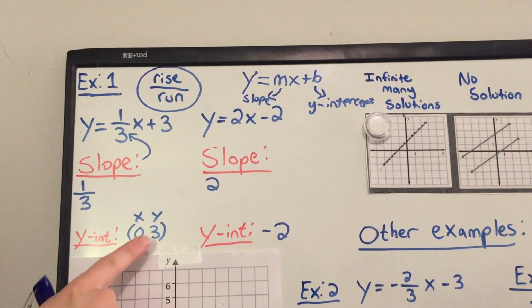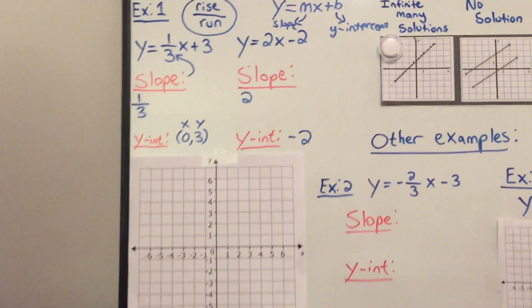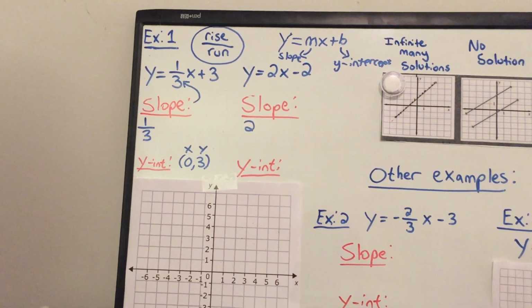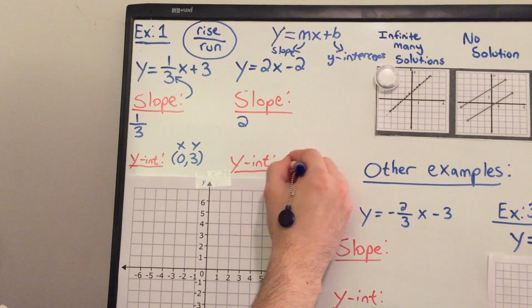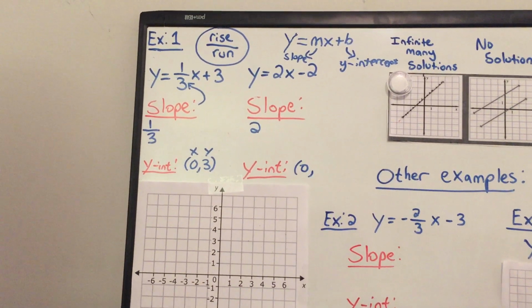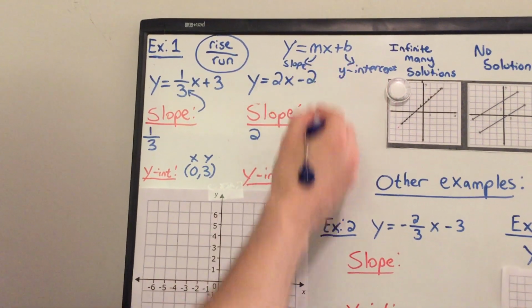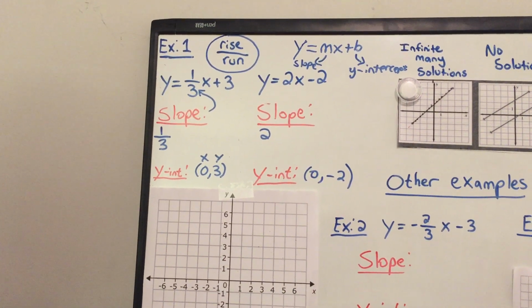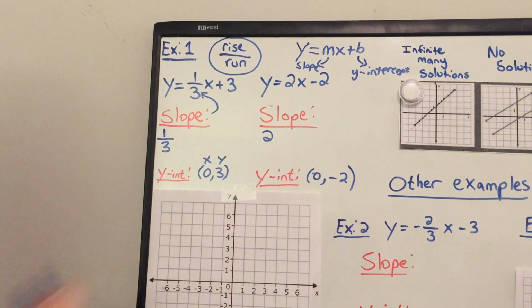And I'll explain that a little bit more once we jump to graphing. So same thing here. When you write your y-intercept, you would set up your coordinate, 0 for your x, and then you just plug in -2 or whatever your y-intercept is right there. So you got your coordinates.